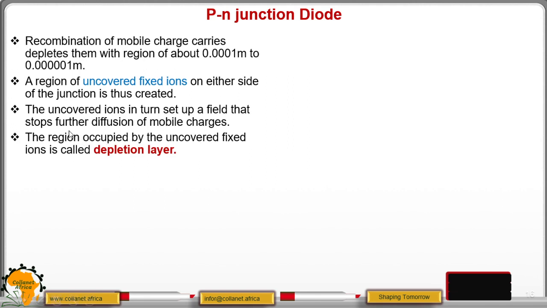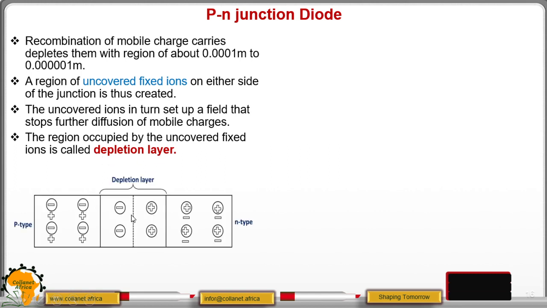And when that happens, that region occupied by uncovered fixed ions is what we call the depletion layer, as shown in this diagram. There was movement of mobile charge carriers. As the holes were moving and the electrons were moving, there was recombination, and when they recombined, they formed what we call fixed ions.